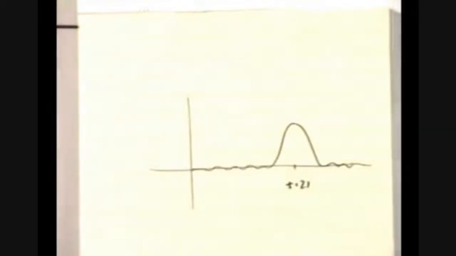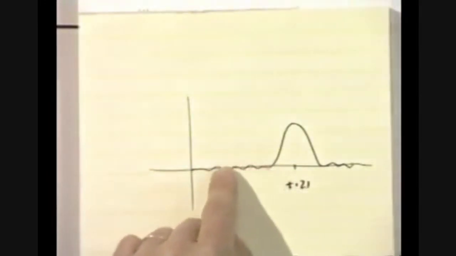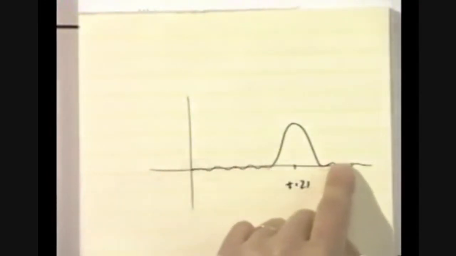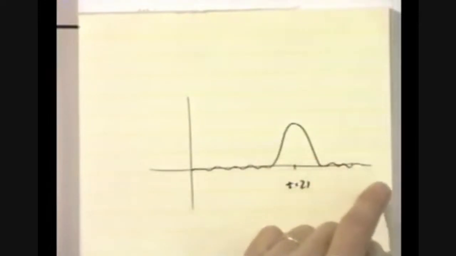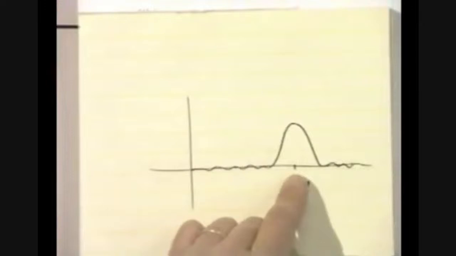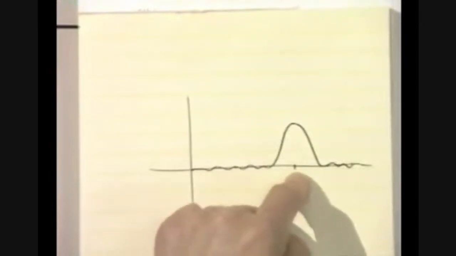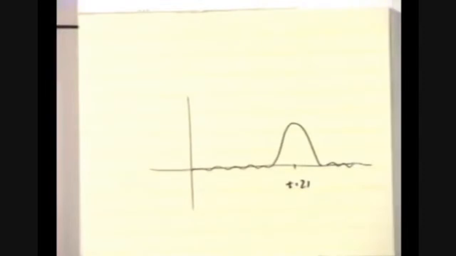What this says is that the system is a weighted integral of what the input was. It's got a little bit to do with what it was recently, and a little bit to do with what it was, say, 22 seconds ago and more remotely in the past. But mostly, the output depends very strongly on what the input was 21 seconds ago.